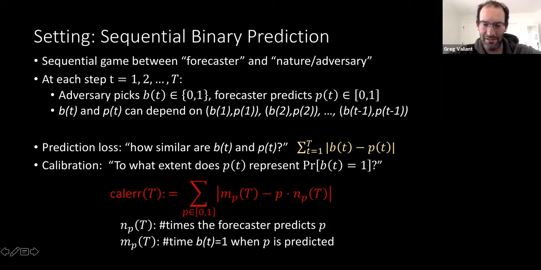One of them, the quantity on the right, is P times the number of days when we predicted P. We're looking at the difference between this and the number of times the outcome was 1 on days when we predicted P. Maybe stare at this for a second. On the next slide, we'll reinforce this a little bit.